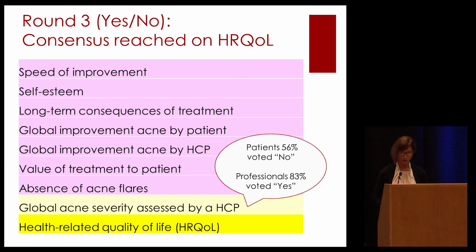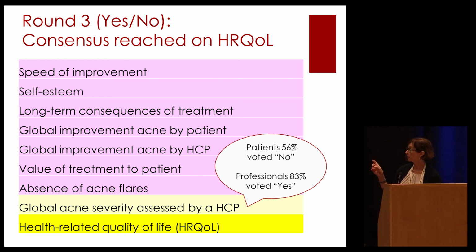So when we asked the yes-no question of the items that we put forward, the only item on which agreement was reached was health-related quality of life. So in round 3, both groups decided that this was important, and we did carry that further into our core outcome domain set.